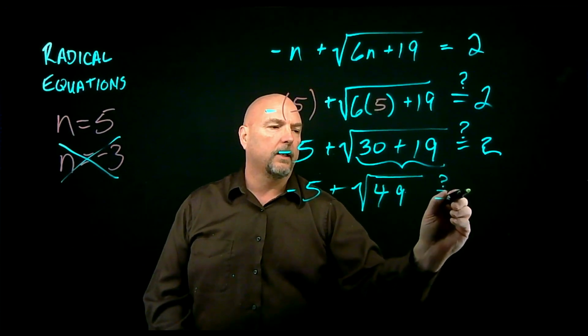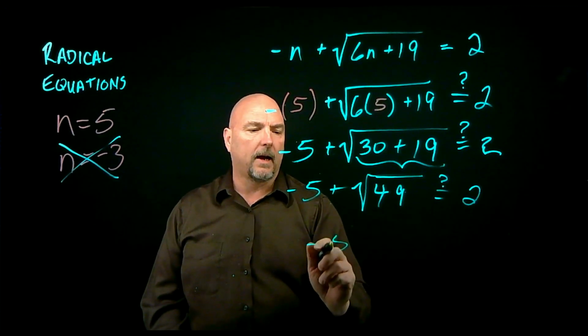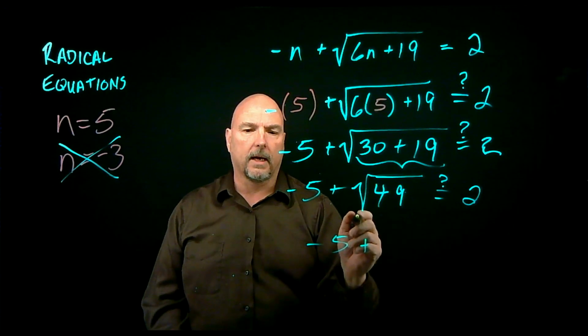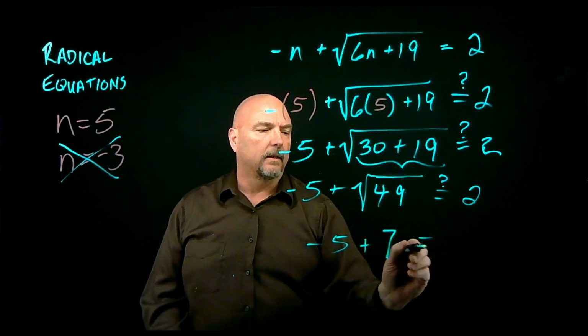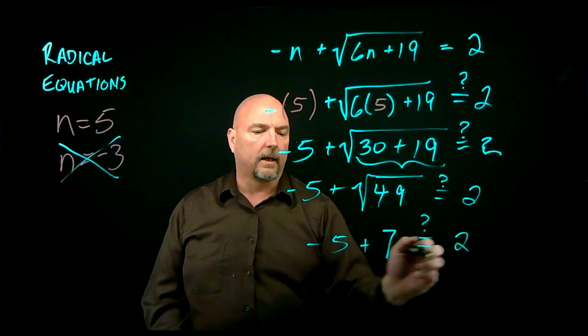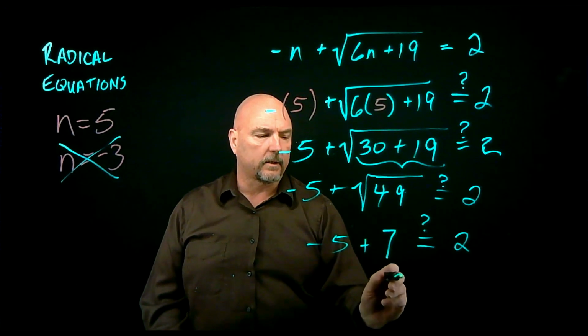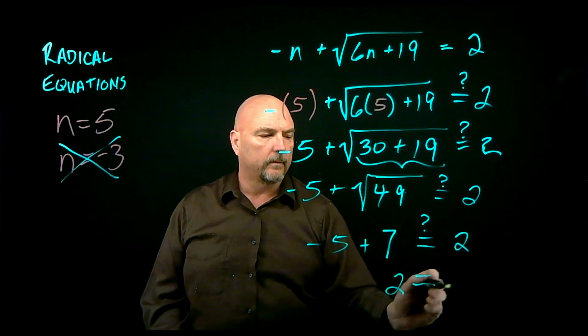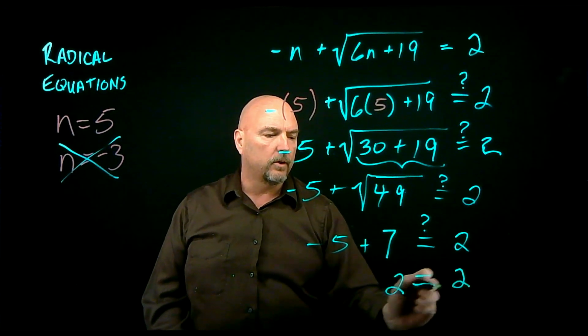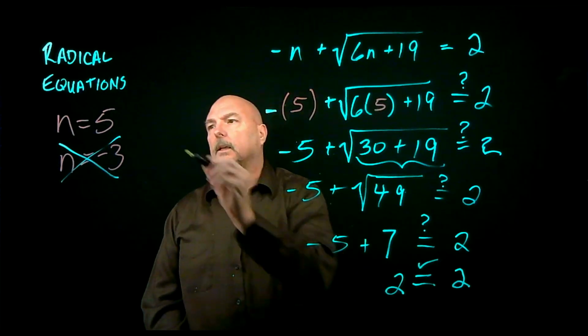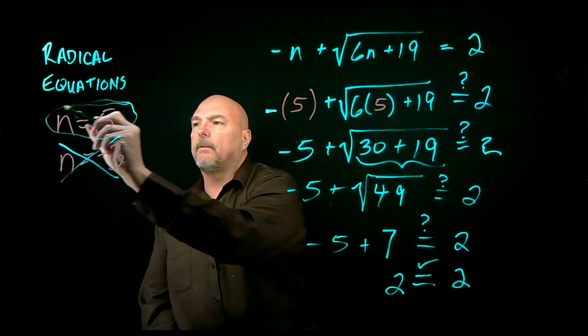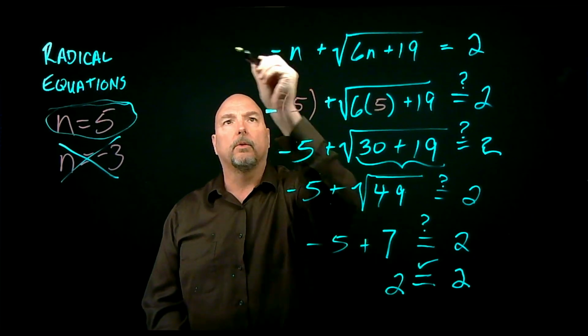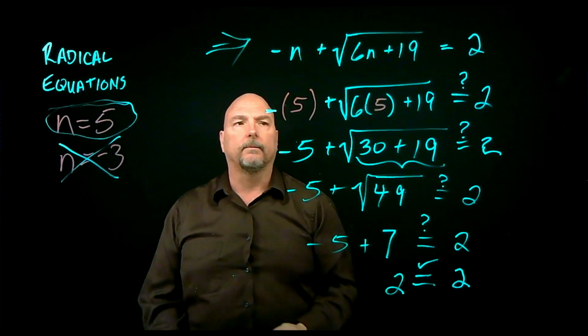It's looking good. What is the square root of 49? 7. And 5 and 2 gives us a 7. So 7 equals 7. This one checks. So n equals 5 is a solution to this radical equation.